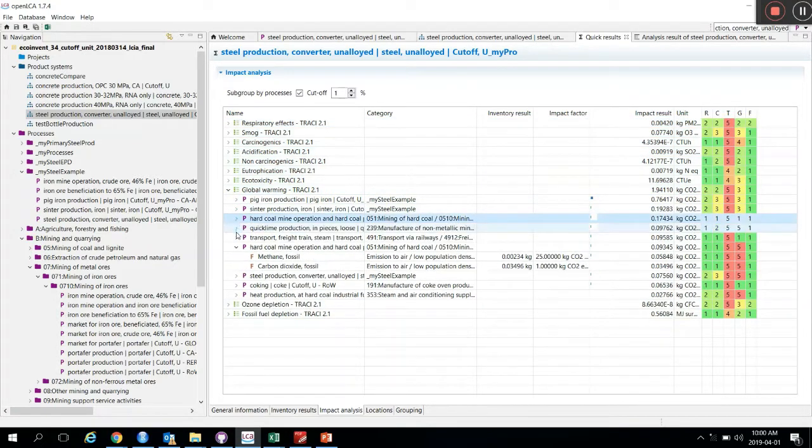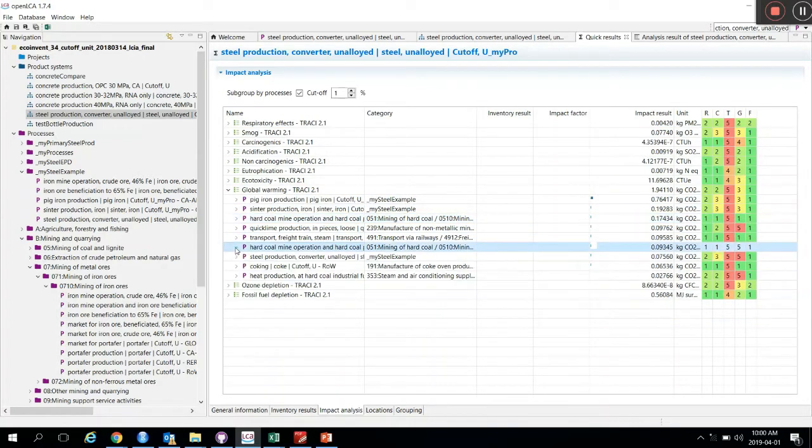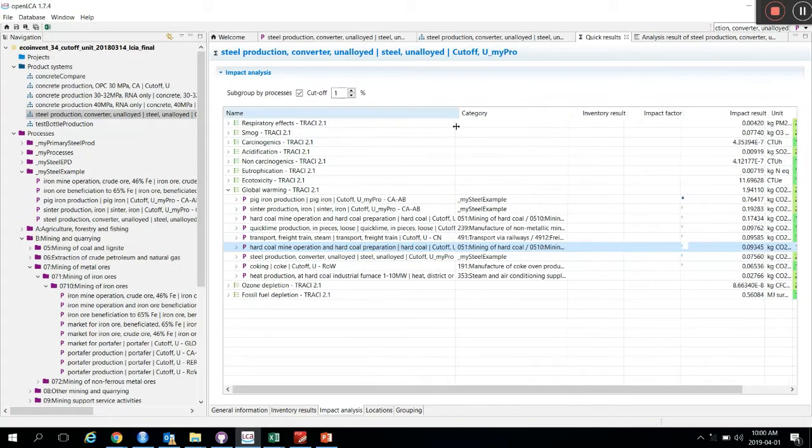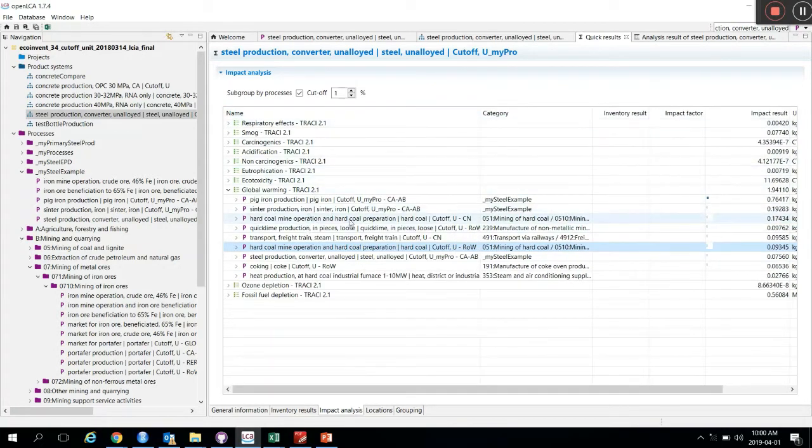Of course, pig iron production was a process we created, so we have a good understanding of why it's there in the supply chain. But for example, hard coal mine operation and hard coal preparation is an important process, but we don't know exactly why it's important, because we don't know where it's being used.